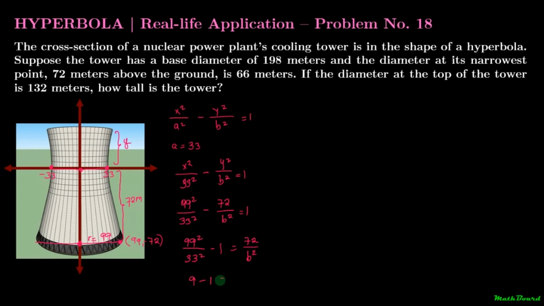Minus 1 equals 72 divided by b squared. Ano ba yung 9 minus 1 na yan? That's 8. So, 8 equals 72 over b squared. Then, 8 times b squared equals 72. So, divide by 8. So, b squared equals 9.